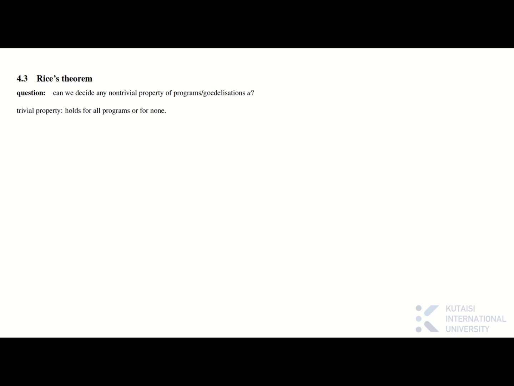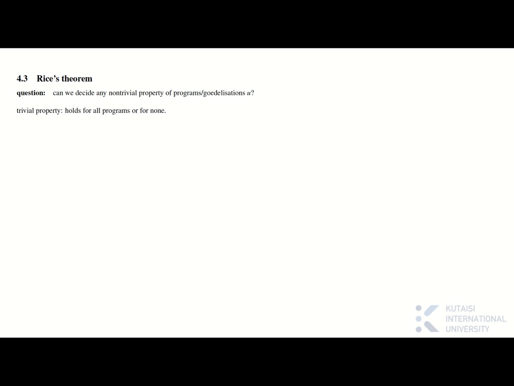And by non-trivial property, I mean that there are some properties that are satisfied by all programs. So let's say all programs do something, then I don't count that because the answer is always yes, or always no. So a non-trivial property is a property that for some programs holds, and for some other programs it does not. For example, some programs compute constant functions, some programs do not.